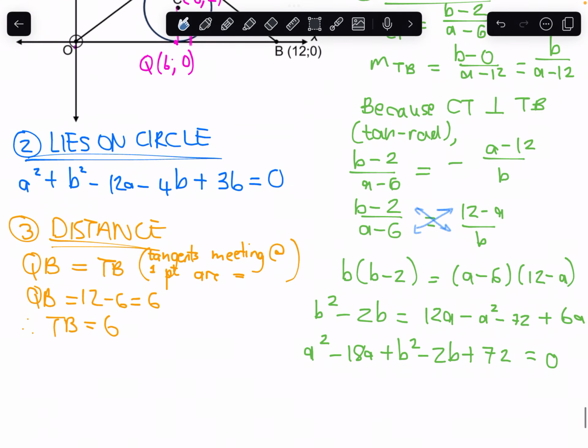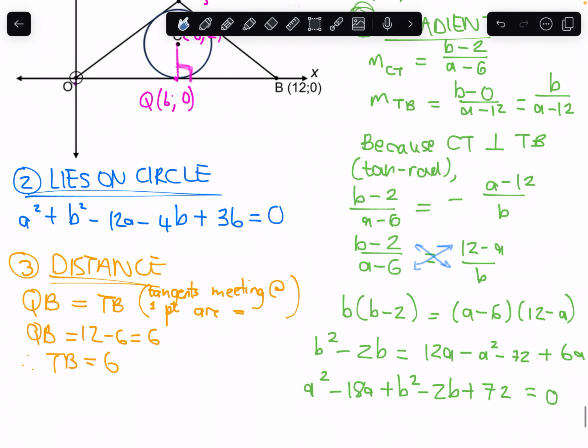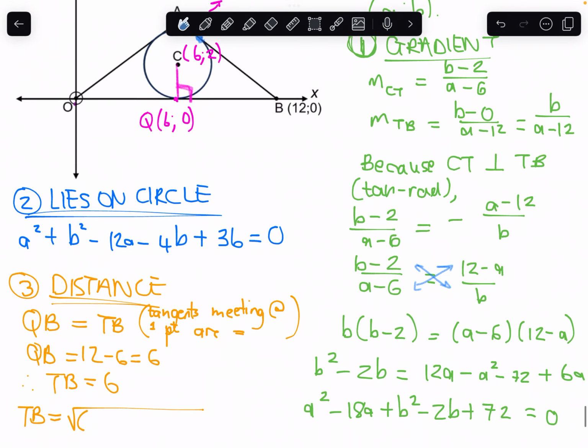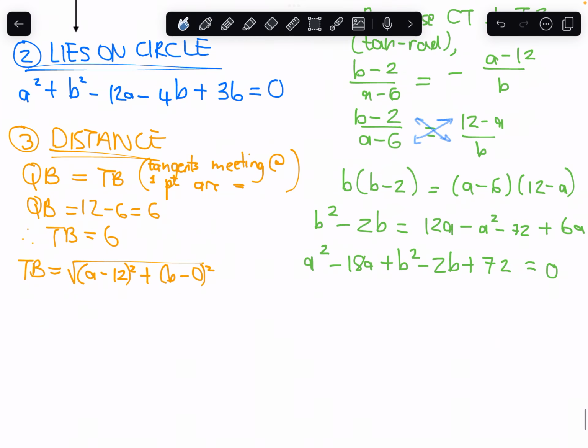Okay, but another way that we could express the length of TB is by using the distance formula. So TB is equal to the square root of, let's start with the x coordinates, a minus 12 squared plus b minus 0 squared, right? So that means 6 is equal to that.